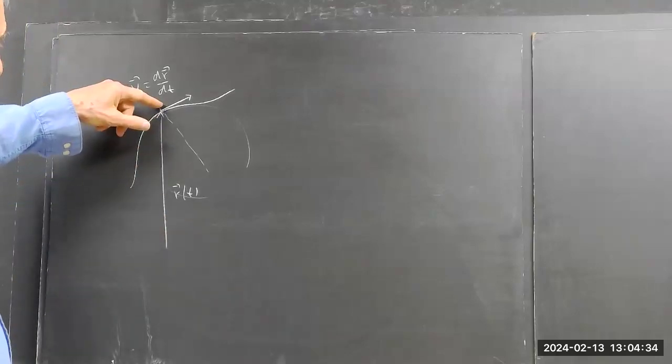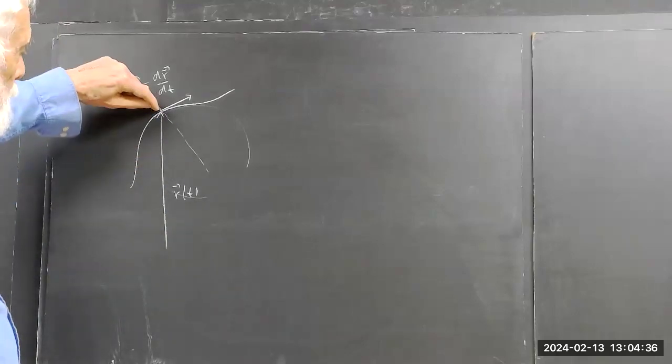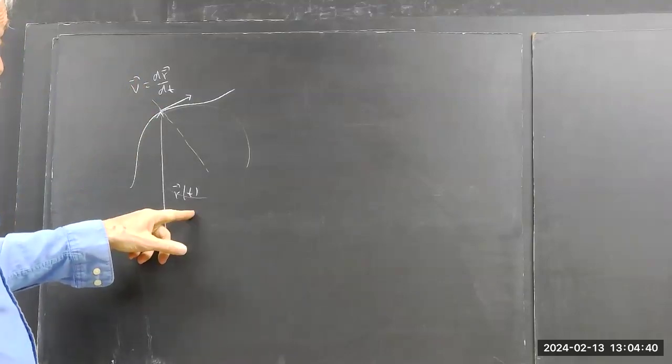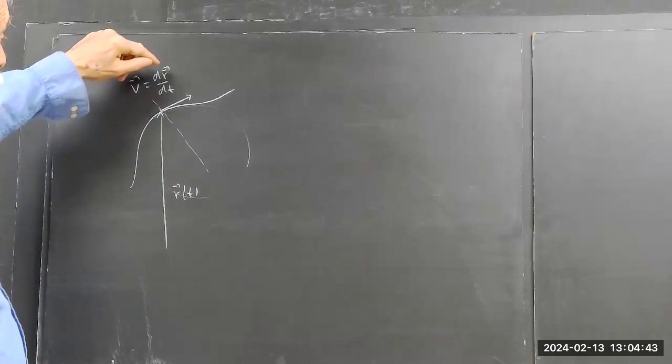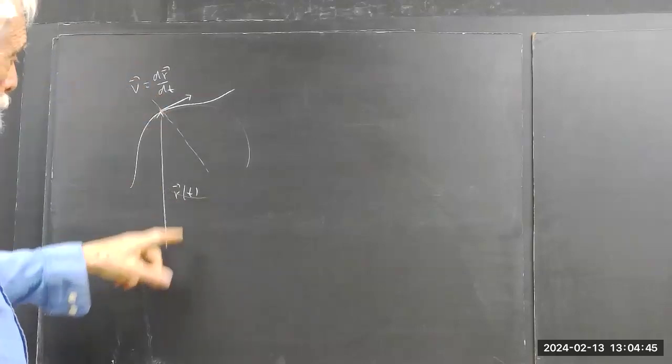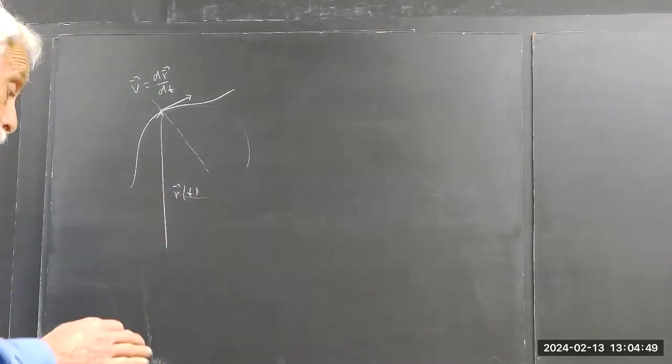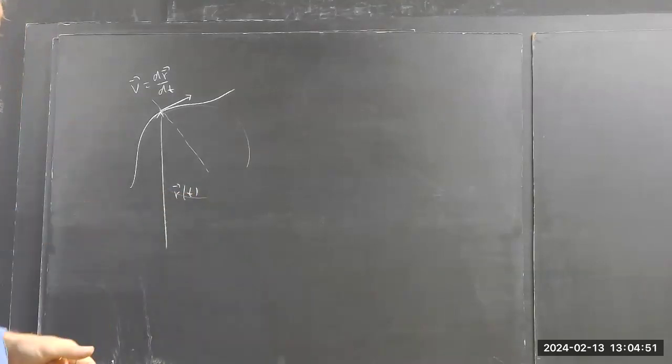We have R2 here. We have some point on the curve that occurs at some time t, so that your velocity is dr/dt, evaluated at whatever this t is. And that's tangent to the curve.